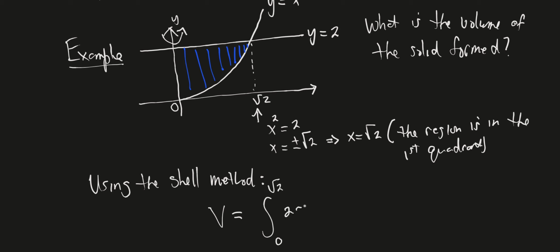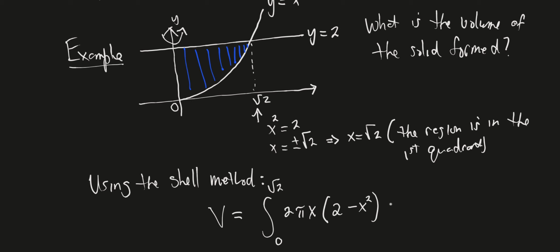And it's going to be 2 pi x. So we have this extra x now. And then we have to take the larger function, because now the region doesn't go all the way down to the x-axis. So we have to take the difference between the larger function and the lower function. The larger function here, because the constant y equals 2 is on top, is the constant 2, and the lower function is our parabola, y equals x squared, so minus x squared.